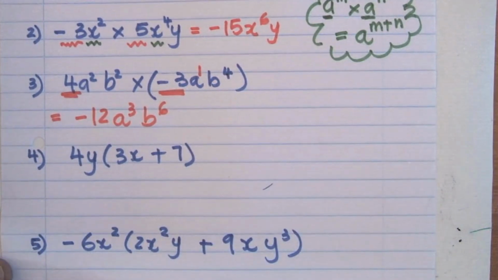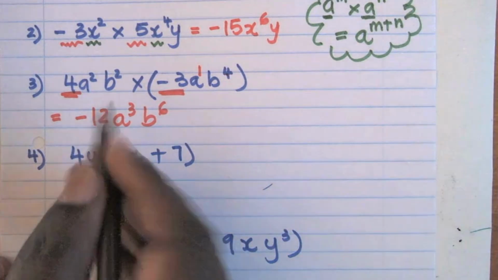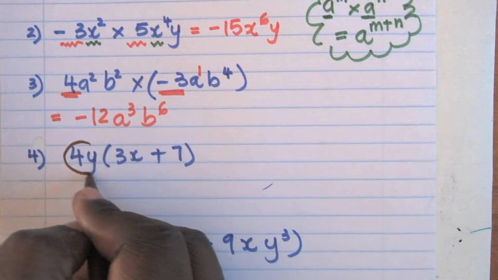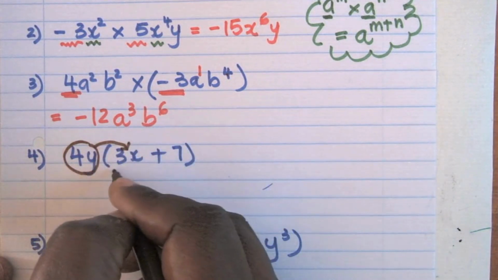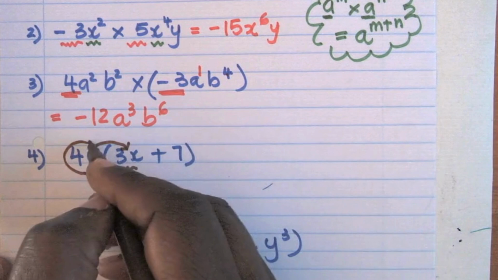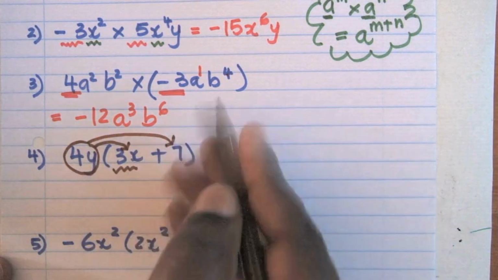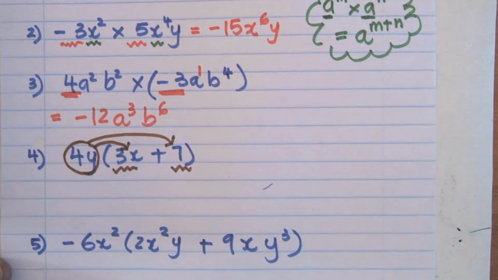When I move on to the next question, I see that I have an algebraic term outside. So this term, I'm going to distribute it to the first term in the brackets and also to the second term in the brackets.